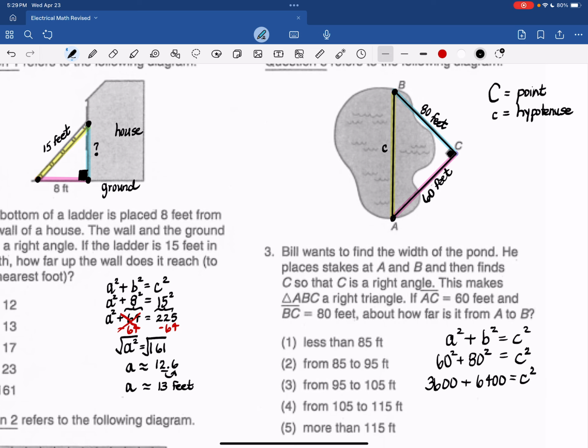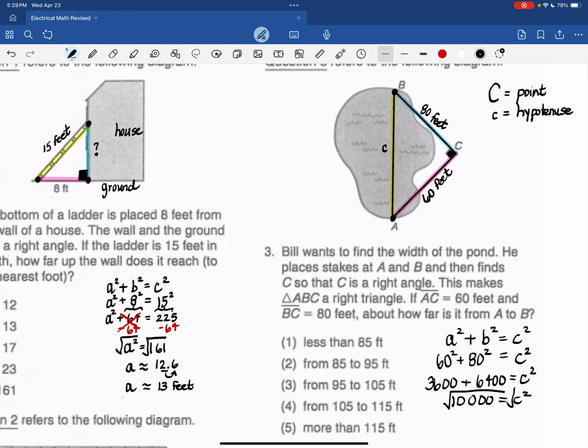And that sum is C squared. So 6,400 plus 3,600 is 10,000. And that is C squared.